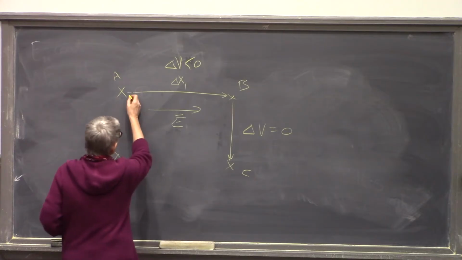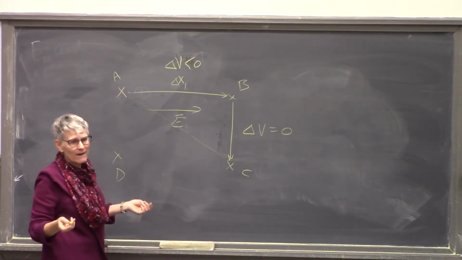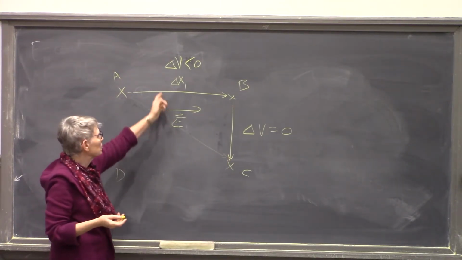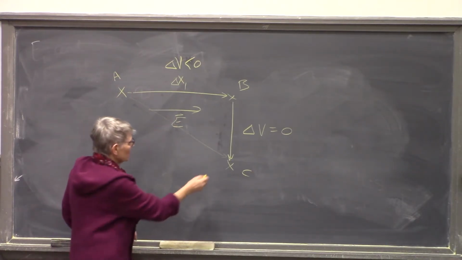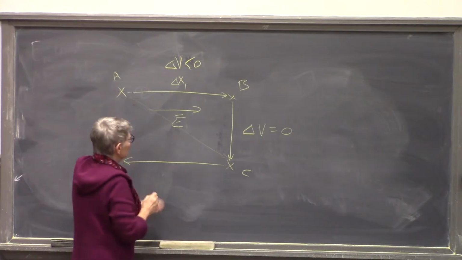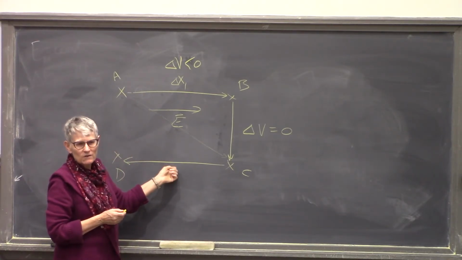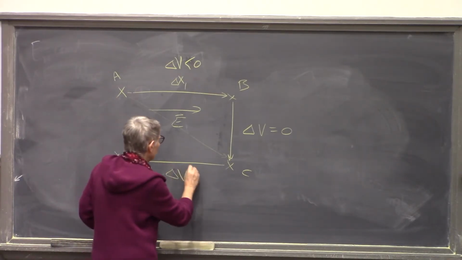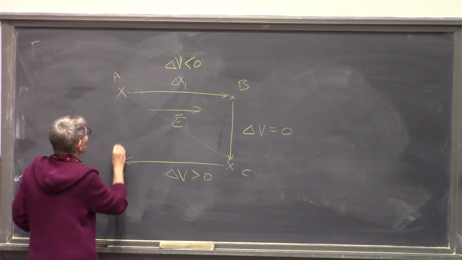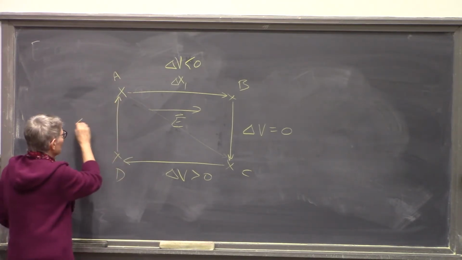And we saw that that gave us the same result as if we'd actually gone that way, because the only non-zero component was this x component here. C to D in this region, is that going to be a positive or negative potential difference? That one's positive. And if we go from D to A, yep.